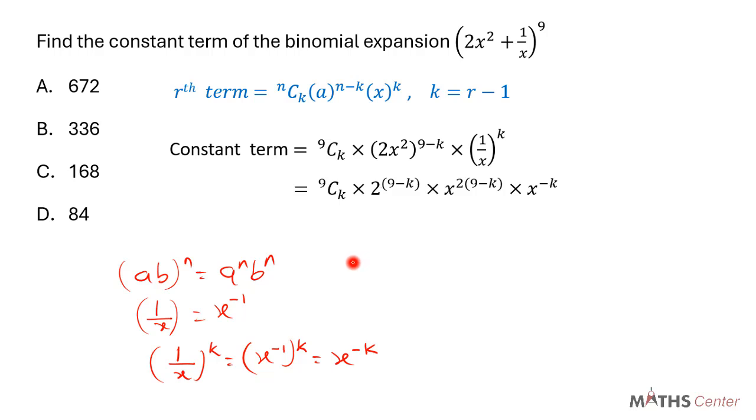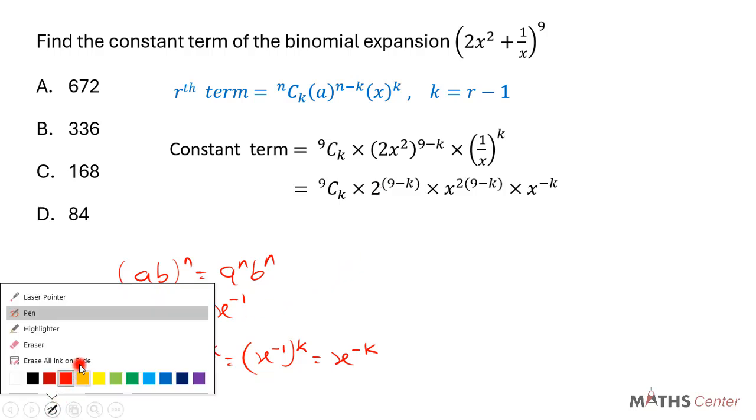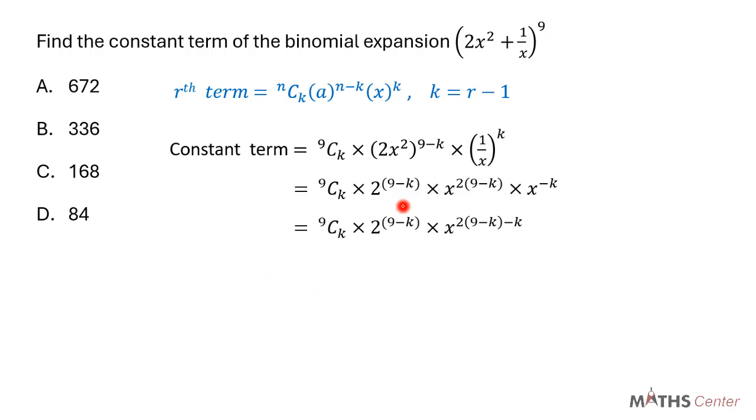Let's continue with our simplification. So this becomes 9 combination k times 2 exponent 9 minus k times x exponent 2 into bracket 9 minus k times x exponent negative k.